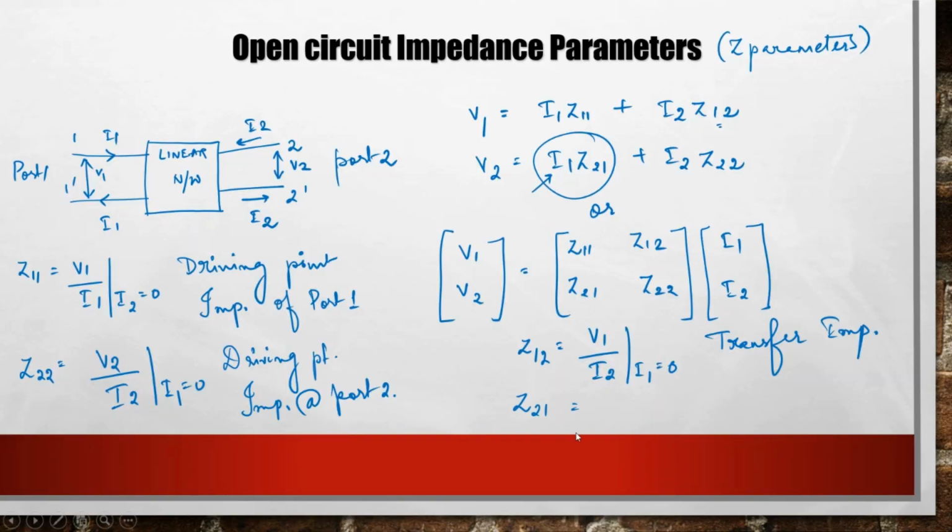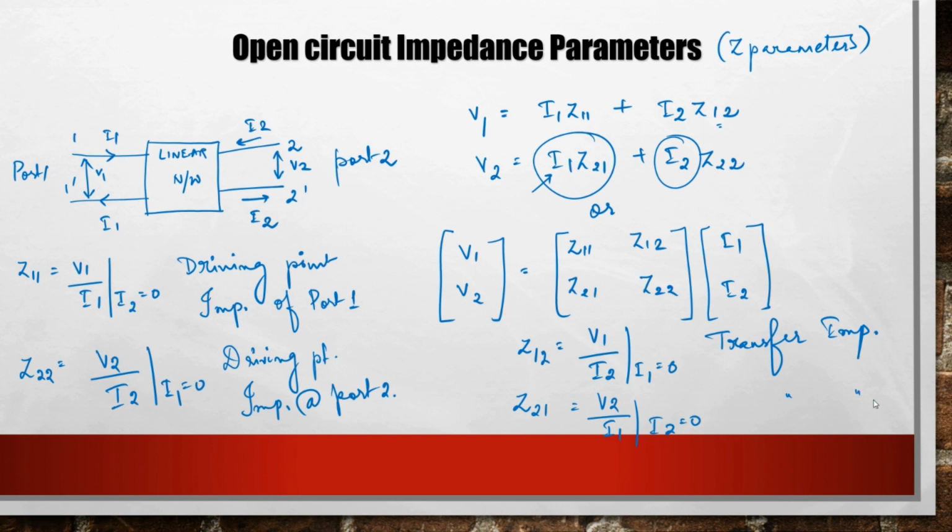In a similar fashion, we can obtain the value of Z21. So Z21 can be obtained as V2 by I1, considering I2 is equal to 0. So V2 by I1, I2 equal to 0, is also again a transfer impedance.